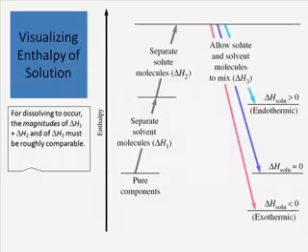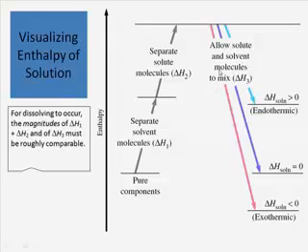Whereas if the energy that I have to put in is more than the energy that is released when the solution forms, then it's going to be endothermic, and we would notice a drop in temperature when we form the solution.